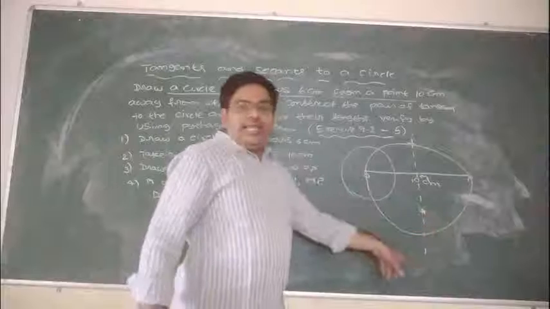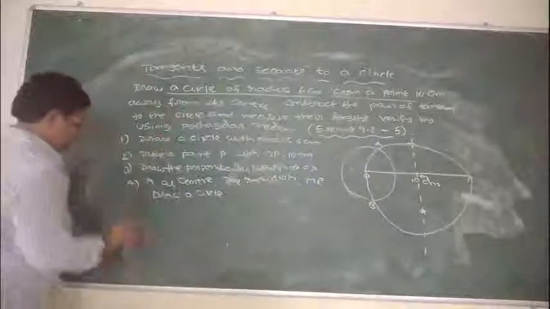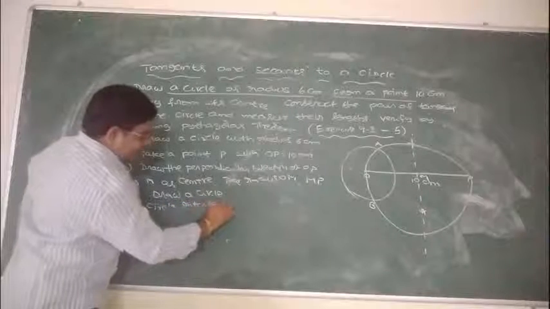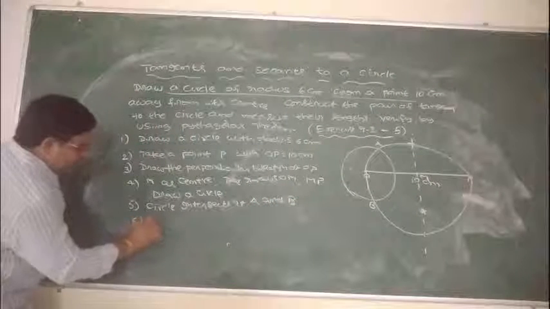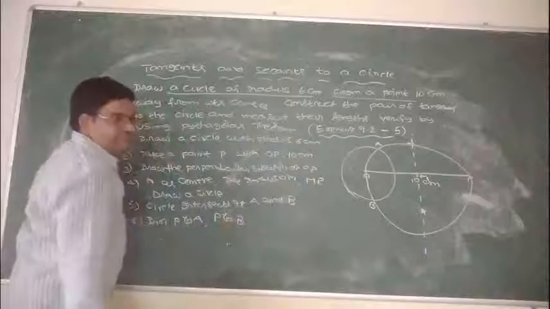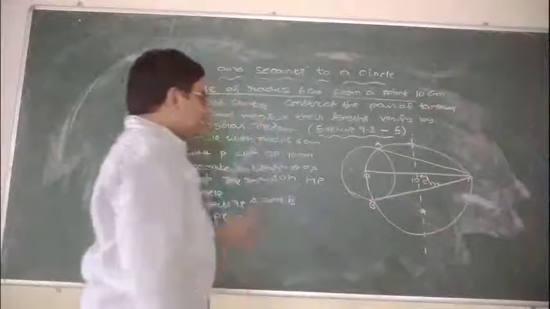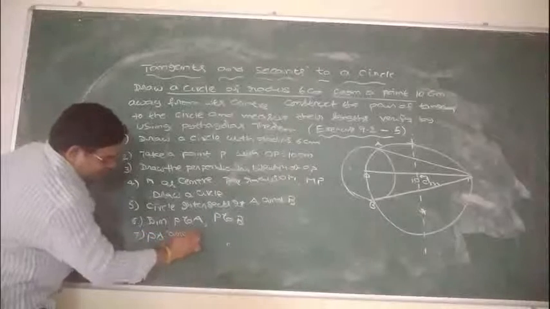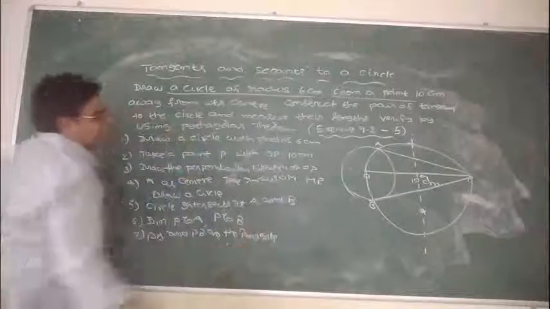Then this new circle intersects the original circle at points A and B. Then join P to A, P to B. Here PA and PB are the tangents. This is the construction of the tangents.